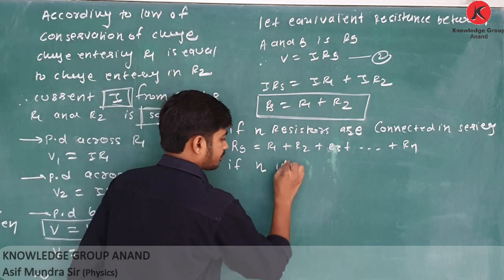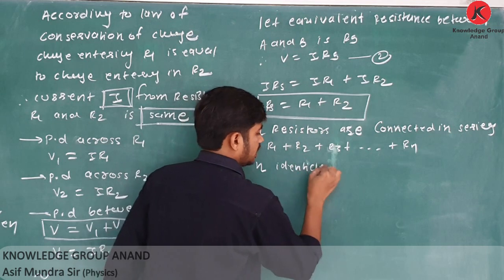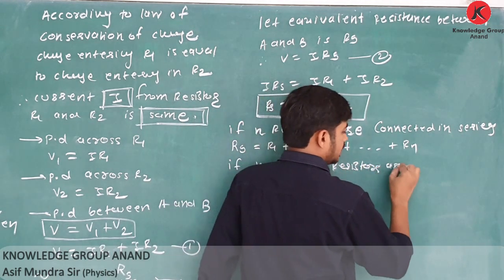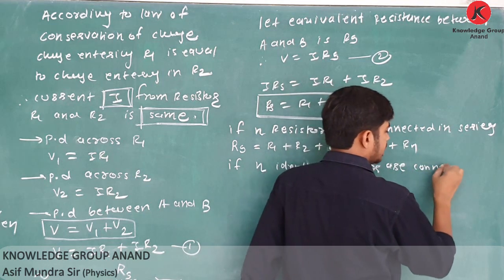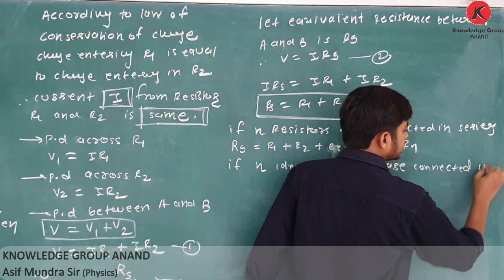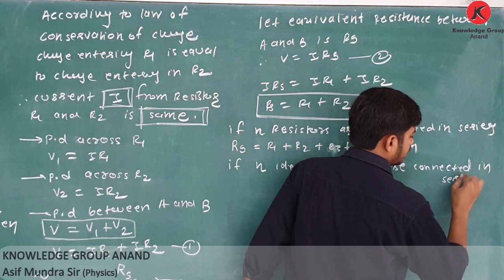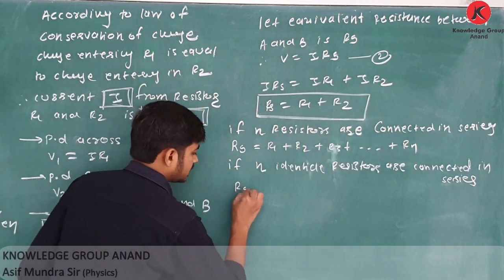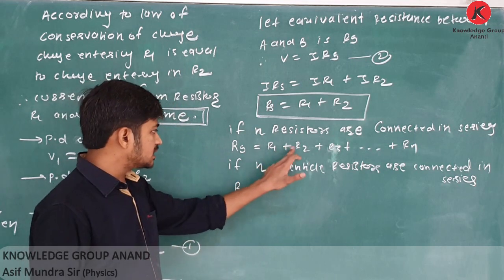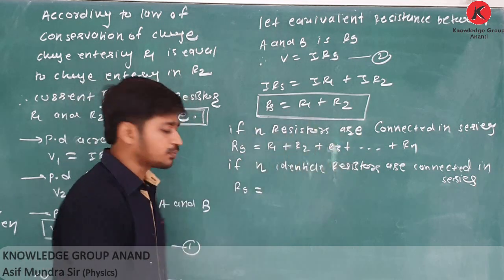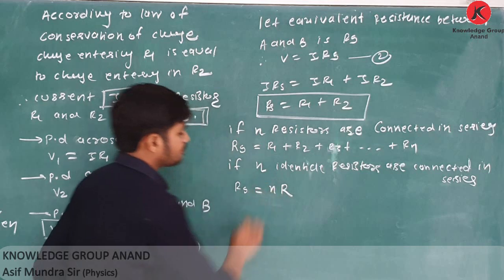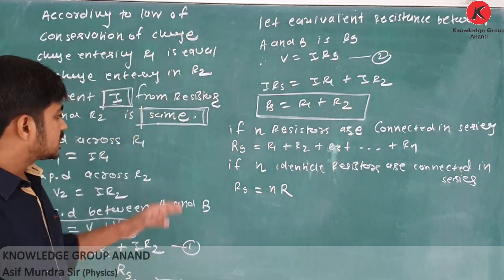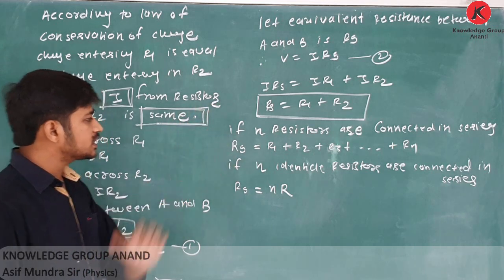If n identical resistors are connected in series, then what is the equivalent resistance? RS is equal to R plus R plus R and so on, which means it will be nR. Clear about this? So for series connection you have to remember such points.